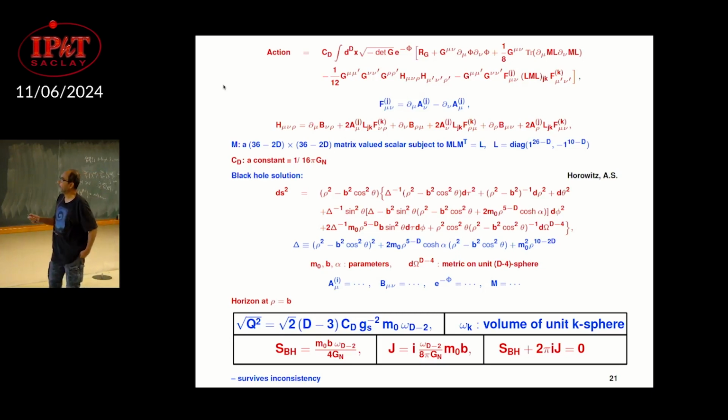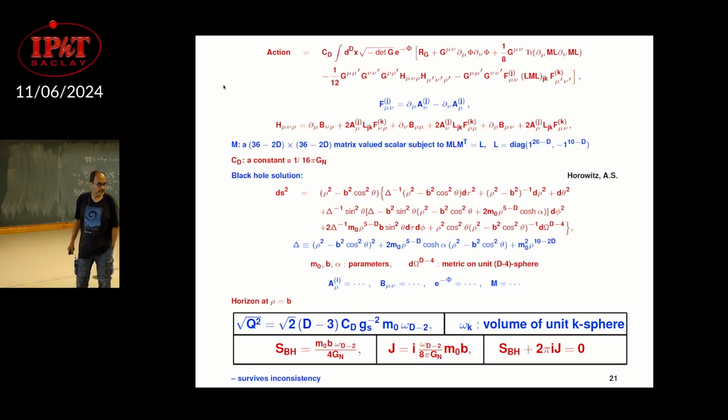Then we have the two-form field B mu nu, whose field strength is a three-form field H, and this is the kinetic term for the two-form field. We also have a set of gauge fields, and this is the kinetic term for the gauge fields. The gauge field kinetic term you can see depends on the scalars.